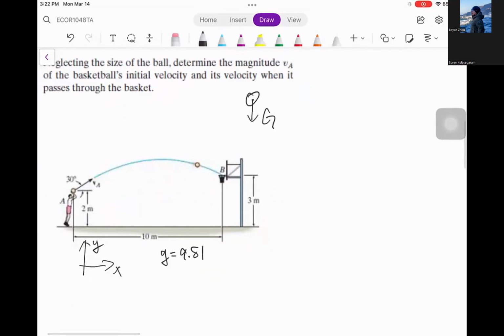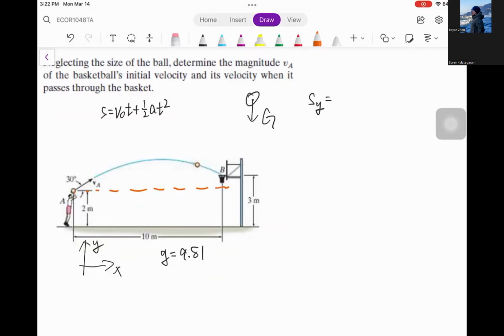So we can set up the equation now. The equation for the displacement is equal to V naught t plus half a t squared. So for Sy, Sy is going to be the displacement in the vertical direction.